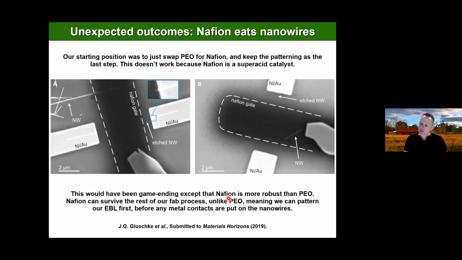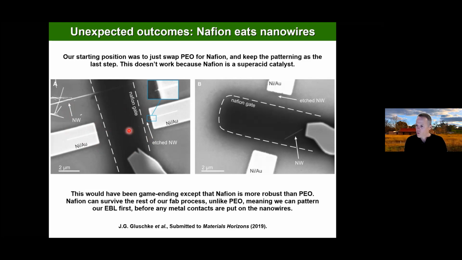One nice aspect of Nafion here is that it's more robust than polyethylene oxide. It's not soluble in water. Once it's patterned with an electron beam, it's not very soluble in the developers for all of the other resists that you use for device fabrication.